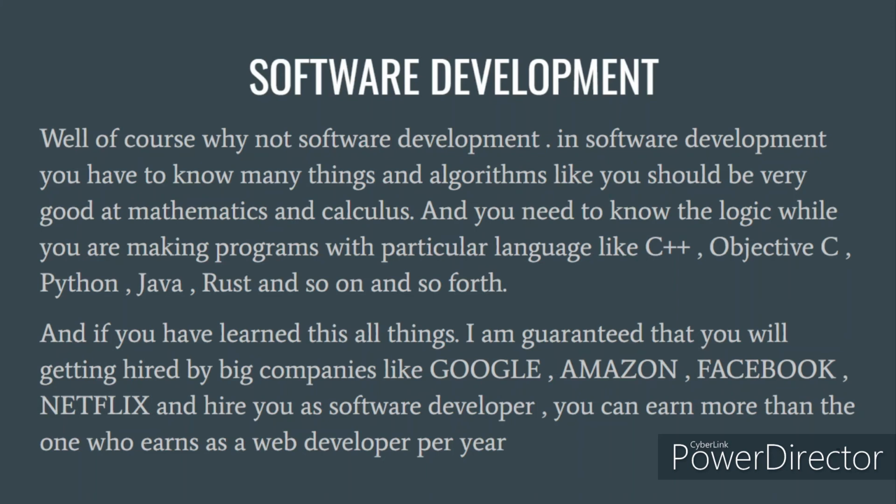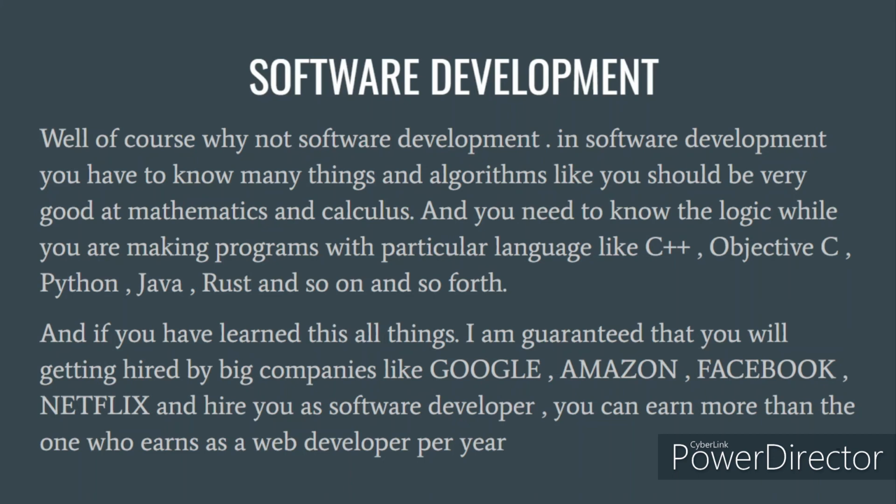So if you're learning software development, you need to be very good at mathematics and be someone who can make logic and shorten your code. So these are the things you need to learn while doing software development, and if you have succeeded in those things, you will be getting hired by Google, Amazon, Facebook, Netflix if you're interviewed very well.